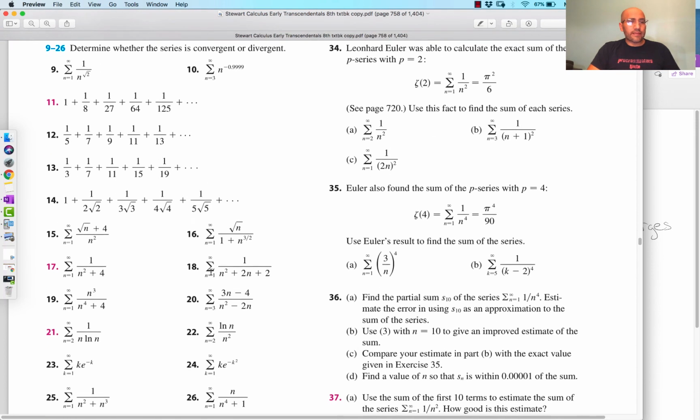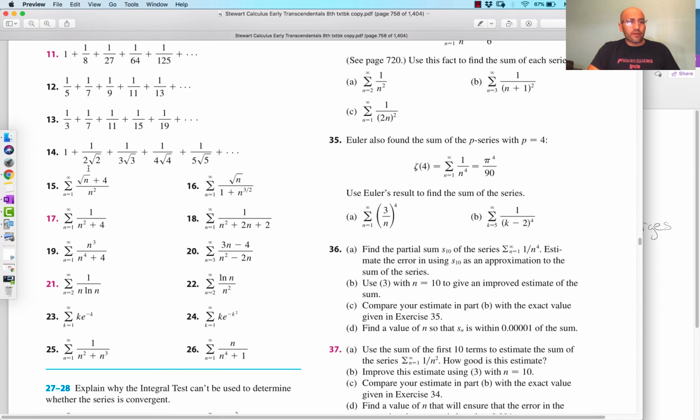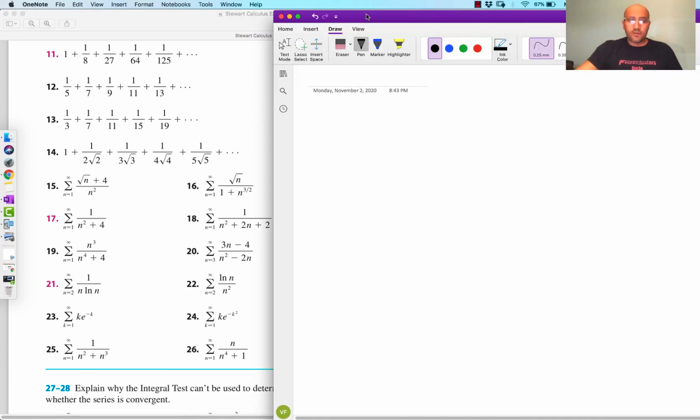So let's look at something like number 14, for example. Figure out if this converges or diverges. A nice, straightforward little pattern like this one. So this is chapter 11, section 3, number 14.